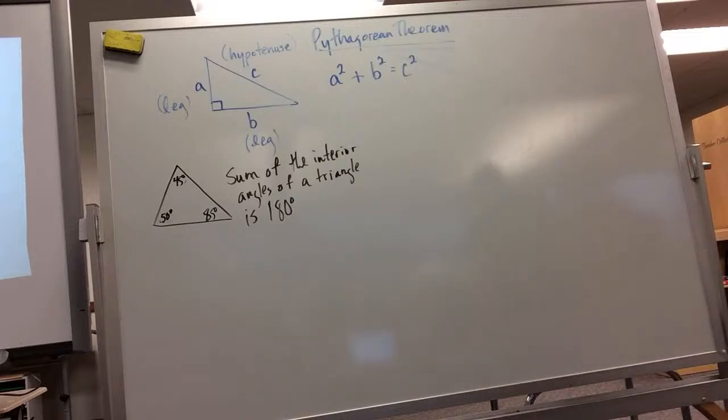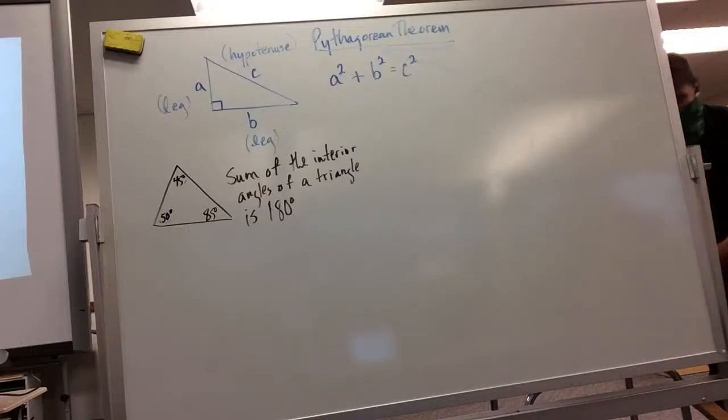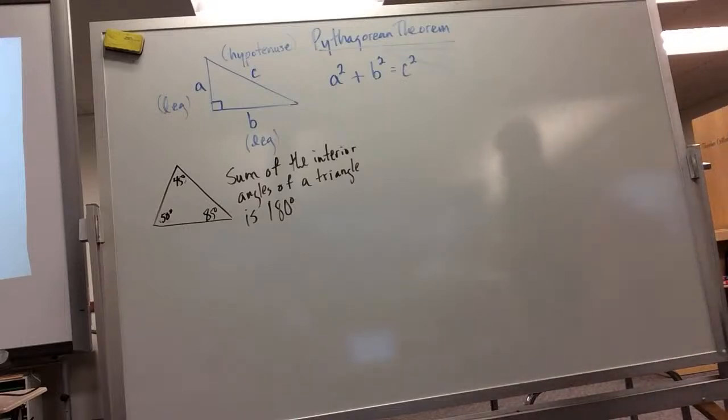You guys have all kinds of paper and scissors in front of you, right? Take a piece of paper, take a scissors, use the corner of your paper as like one corner of a triangle.